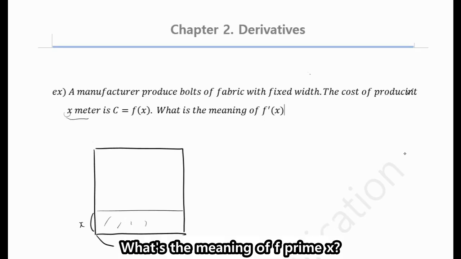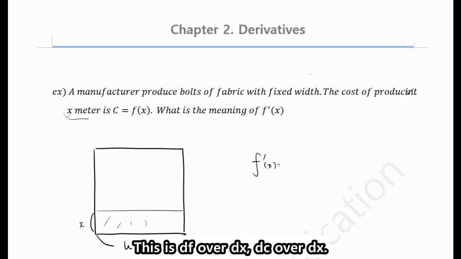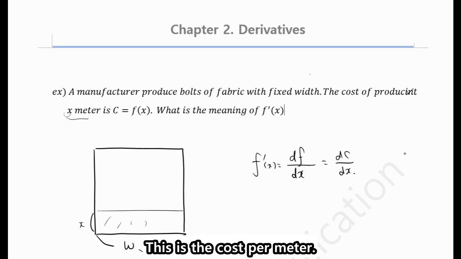What's the meaning of f prime x? F prime x is df over dx, or dC over dx. This is the cost per meter.